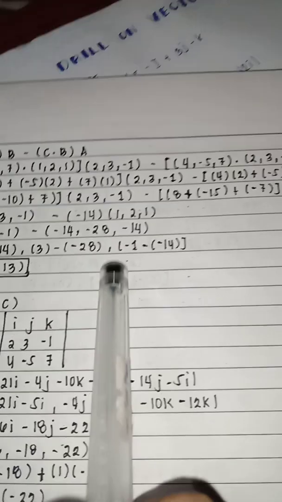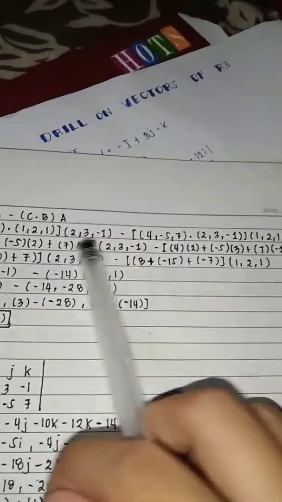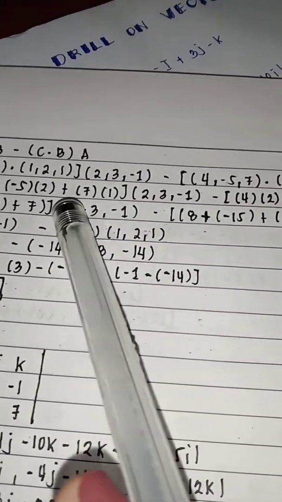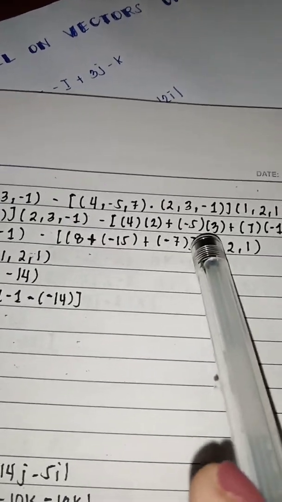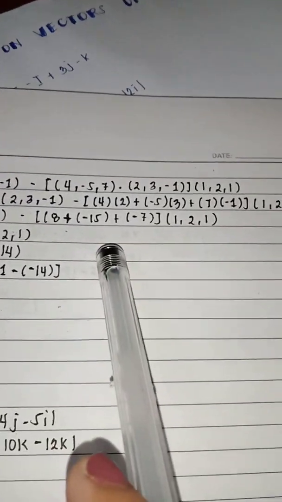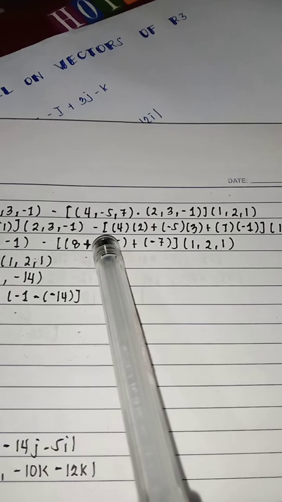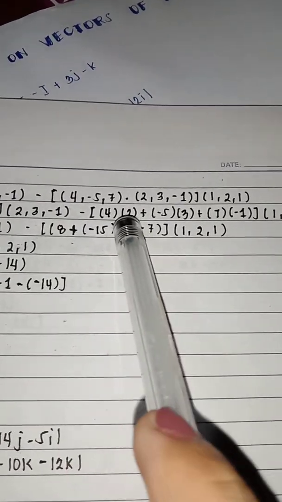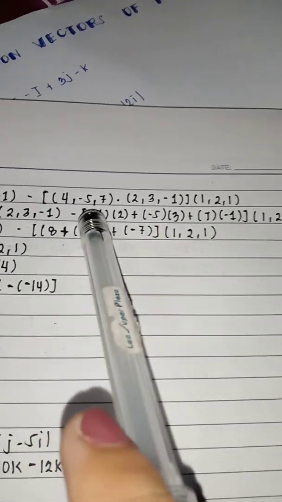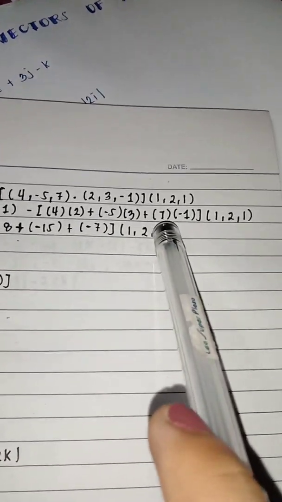Next step is to solve the value of C dot B times A. So first, our value of C is 4, negative 5, 7, and our value of B is 2, 3, negative 1. So same process: 4 times 2, negative 5 times 3, 7 times negative 1.